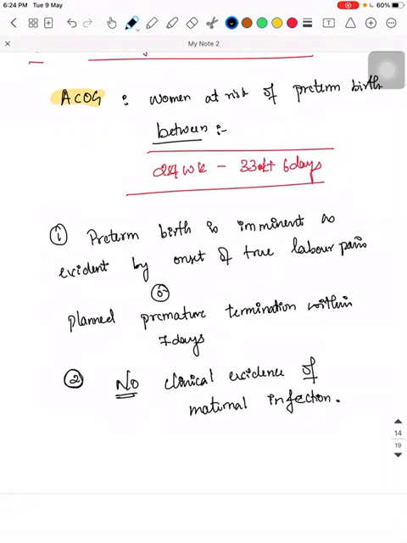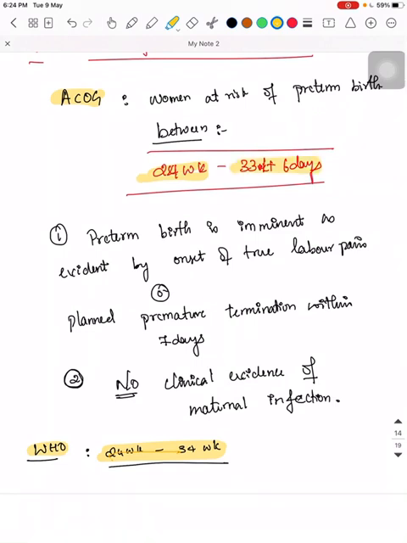As per WHO, the recommendation for giving antenatal corticosteroids is between 24 weeks to 34 weeks. This is the difference between ACOG and WHO: 24 to 34 weeks, whereas ACOG says 24 weeks to 33 weeks plus 6 days.